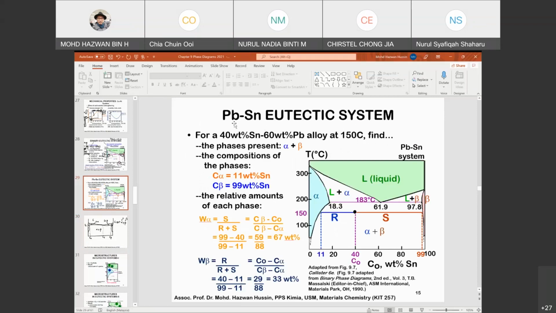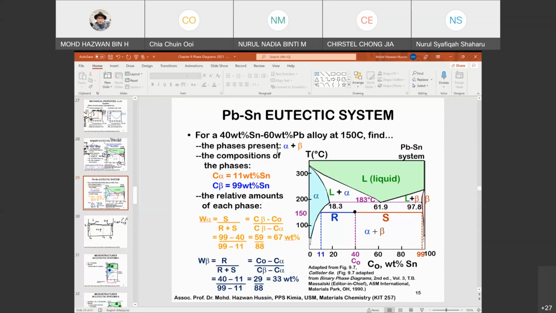So for example, you have an alloy of 40% tin and 60% lead at 150 degrees Celsius. Find number one, the phases present. Don't look at the answer yet. Try to understand the question first.